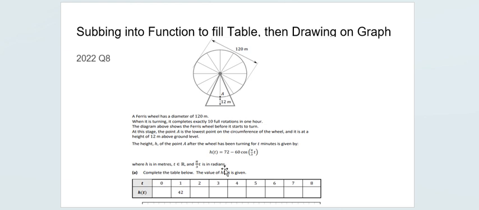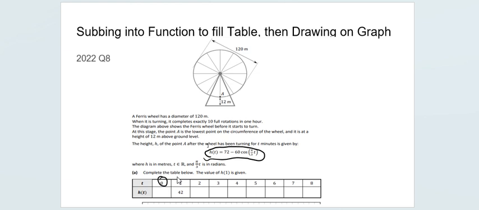So here the function is h of t is equal to 72 minus 60 cos pi over 3t. That's the same thing I had for the other thing, for the average value actually. So all you have to do here is put in what it is instead of t. So the first thing you'll sub in that function into the calculator.